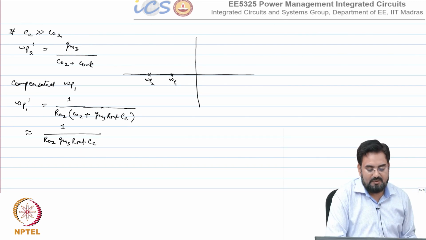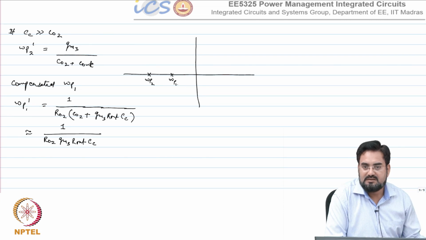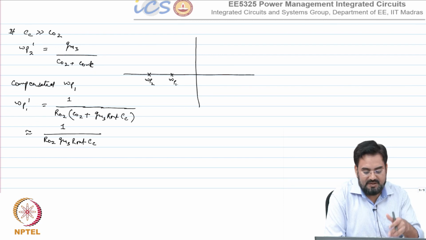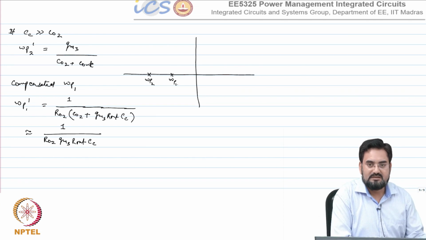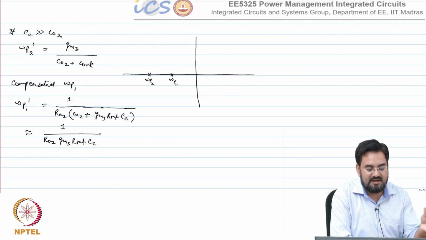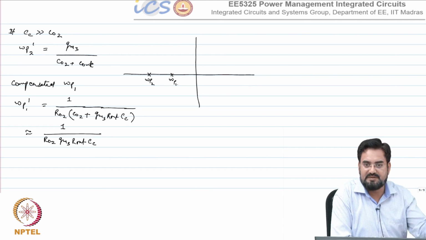So, what is happening after compensation? You know omega P1 was 1 over RO2 CO2 and omega P2 was 1 over R out C out, correct. So what happened to omega P2 now? Gm3 over CO2 plus C out. Will that be at a higher frequency or lower frequency compared to the previous one?